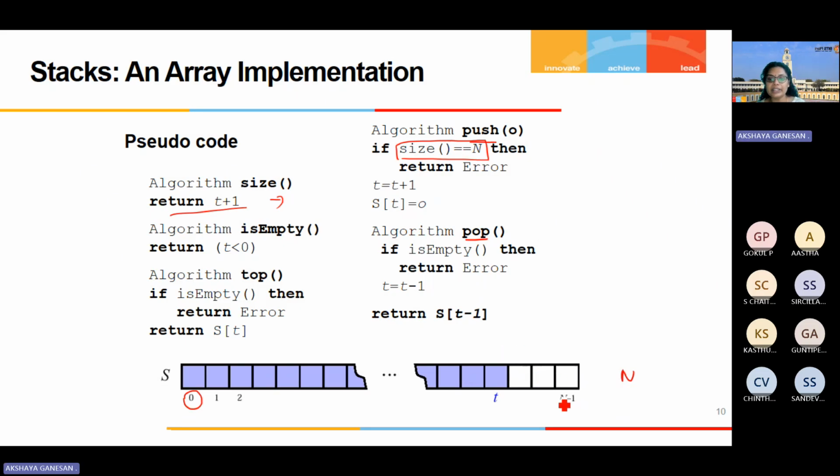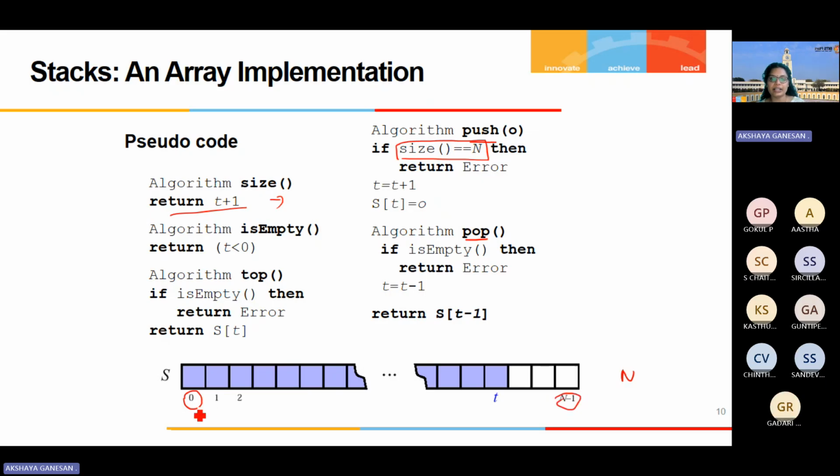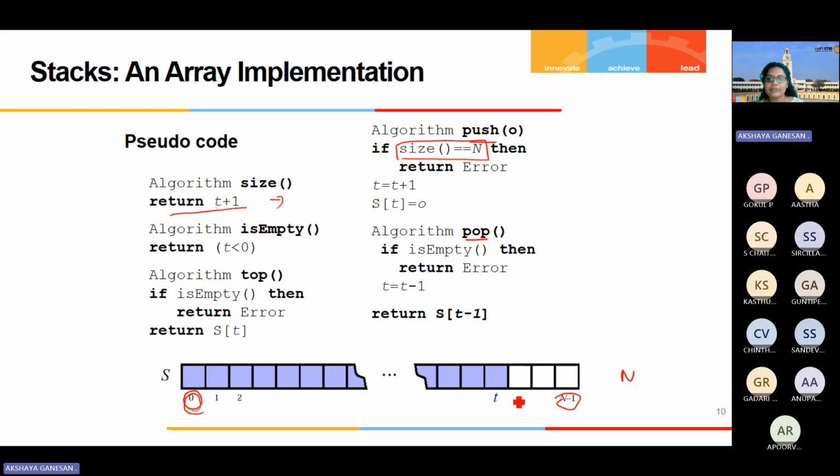The index will go only till n minus 1 because the array starts from 0. So t plus 1 gives the current size of the array. If t is 10, the number of elements inside the array will be 11. So whenever you want to find out the number of elements, it is always index plus 1.